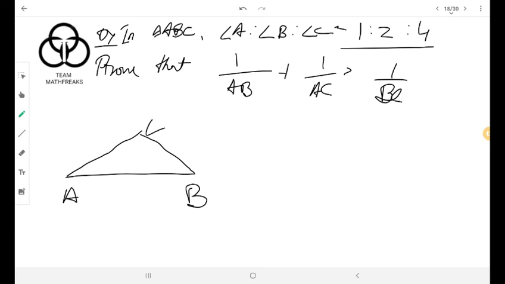ABC, alpha, twice alpha, 4 times alpha. Is it clear?